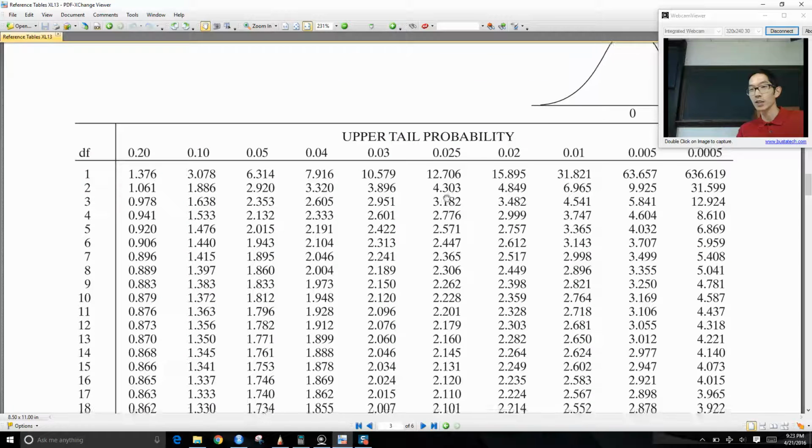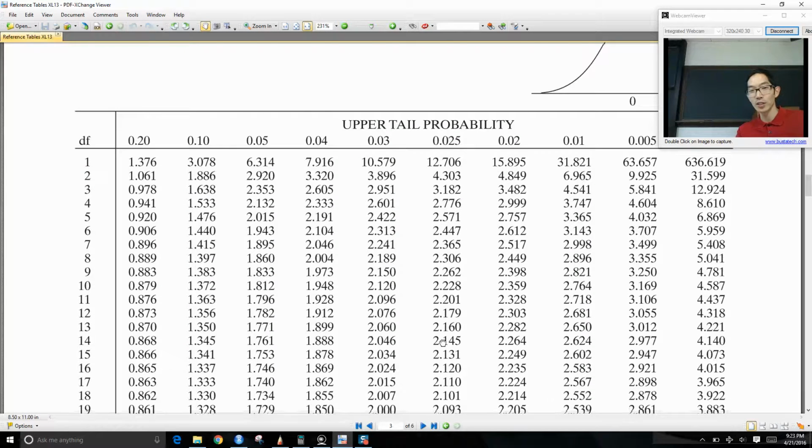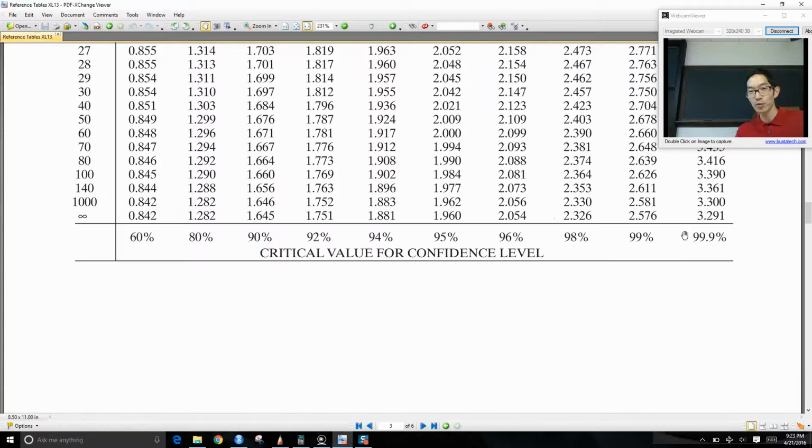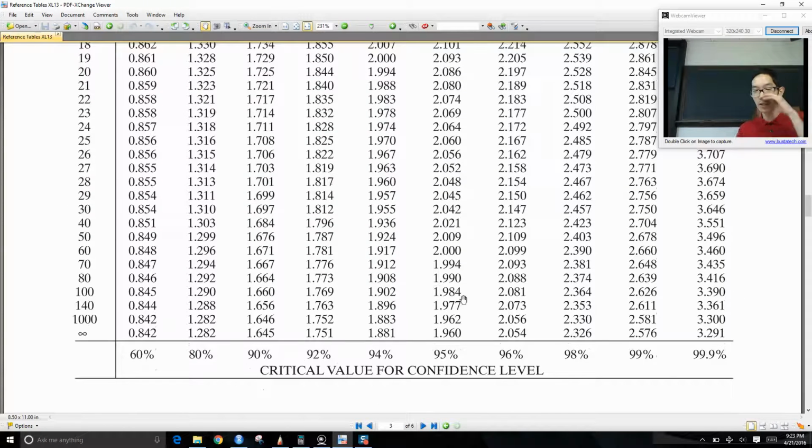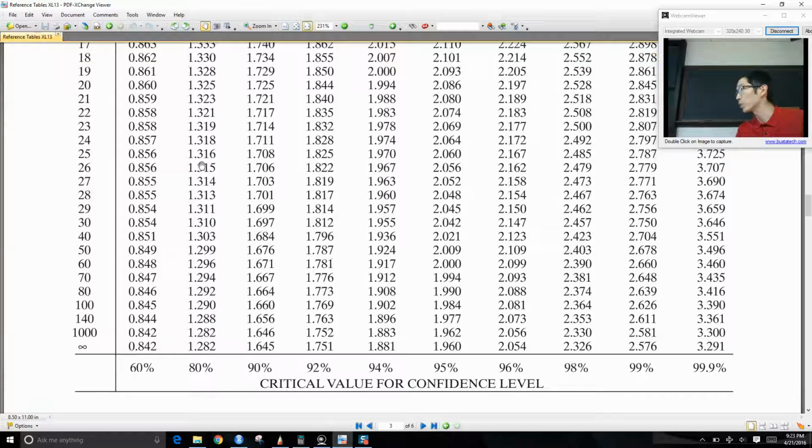And they get crazy huge if you want to be really confident. Again, if we want to be more confident about catching the location of mu, we have to make our interval wider. So instead of 2, we use larger values like 3. And if we're willing to be less confident, we can use smaller values here.